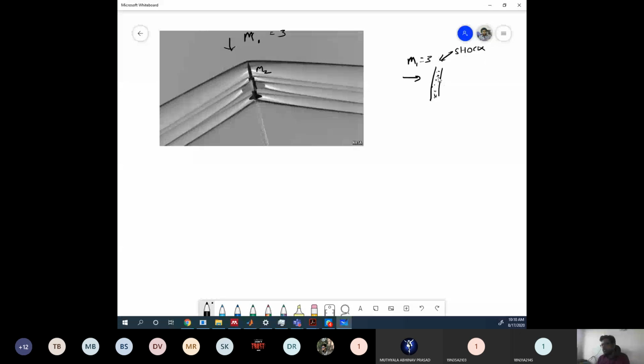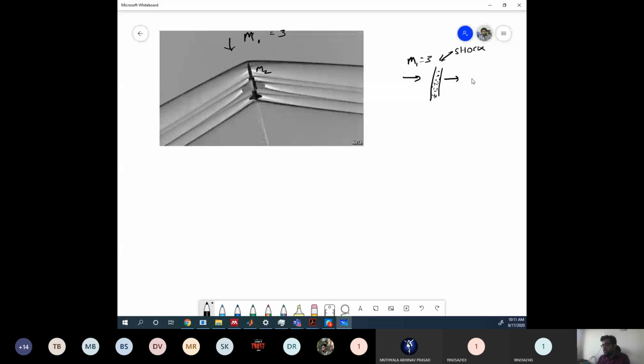That means density will be higher here. Once the air molecules are colliding with this, before passing here, they will lose some momentum, right? Because they are colliding with these particles. That is why you will see that M2 will be different.